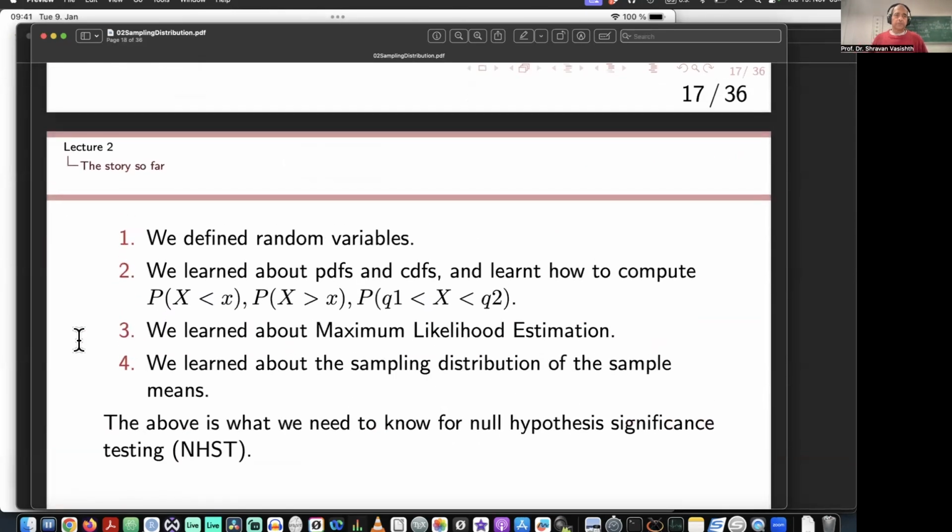Just to repeat, I'm trying to hammer home this point. What we have learned so far is that we know what a random variable is, and we can distinguish between random variables and constant values. Like the mu and the sigma are not random variables. They are actually unknown fixed values out there in nature. We're trying to estimate them from the data.